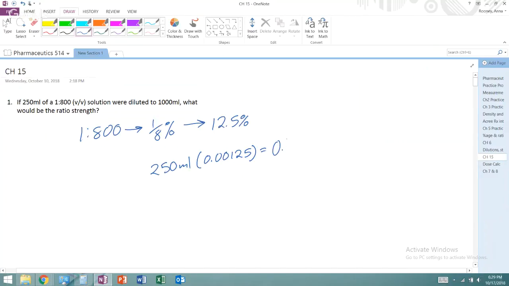And then you take the amount of milliliters of the active ingredient, 31.25, and then it's going to be diluted up to 1,000 milliliters, which is 3.125, I think, percent.